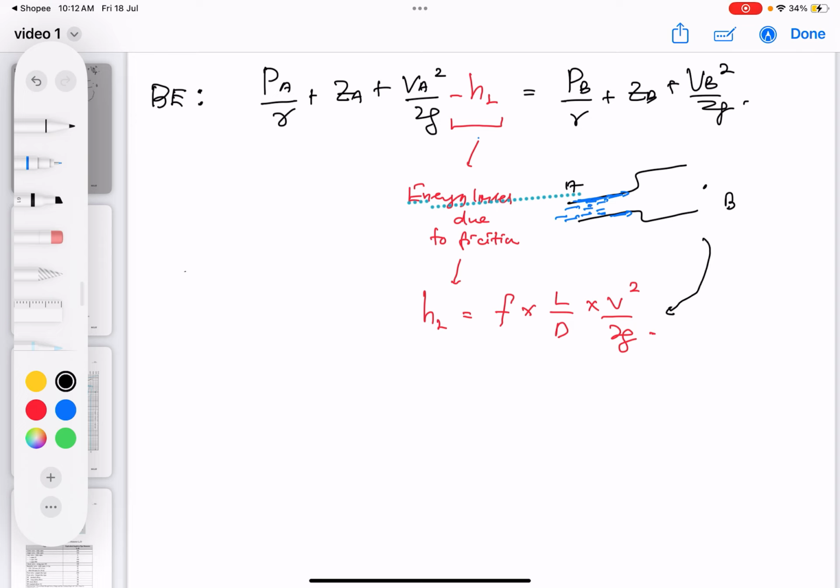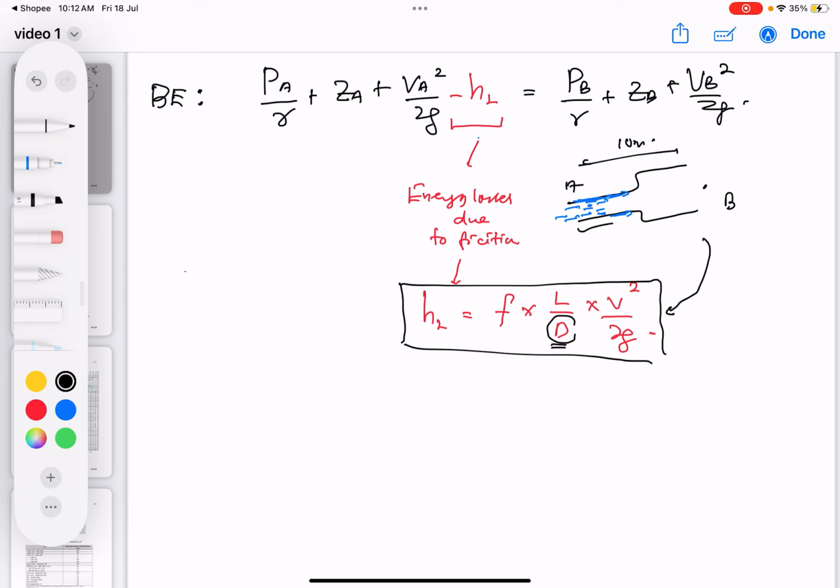Only that, for the Darcy equation, one of the terms is diameter. Therefore, if I want to find the energy losses due to friction between A and B, I cannot straight away use this length, let's say 10 meters, because the diameter is different. The diameter here is smaller compared to the diameter here.